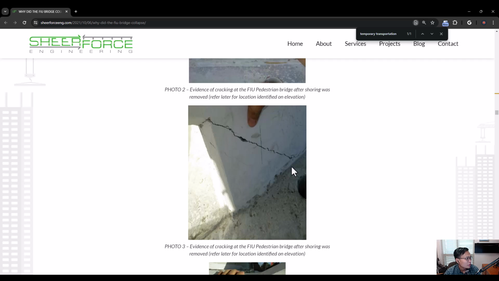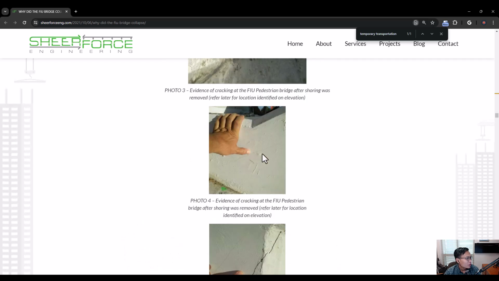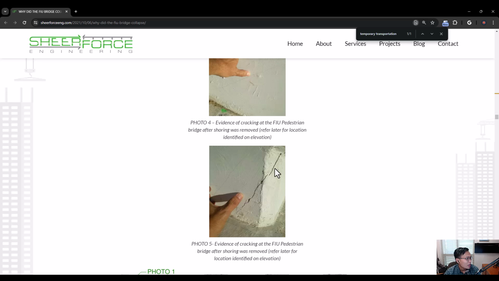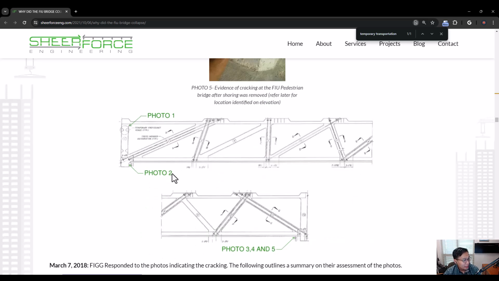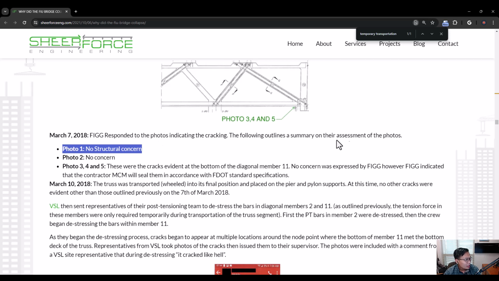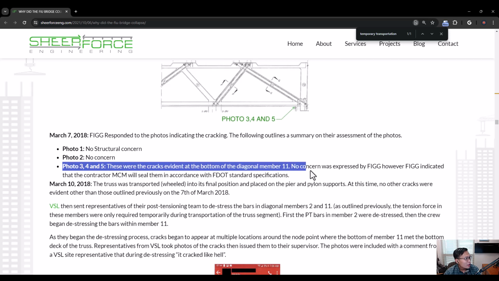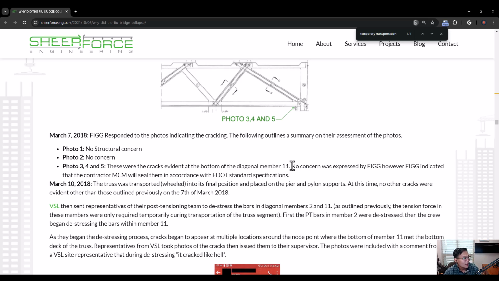Another crack on photo 3. Photo 4 crack. Photo 5 crack. So you see that there are a lot of cracks in the bridge. And then FIC did some calculation and said photo 1, no structural concern. Photo 2, no structural concern. Photos 3, 4, 5, they said no concern, but generally they would say that there is no concern.